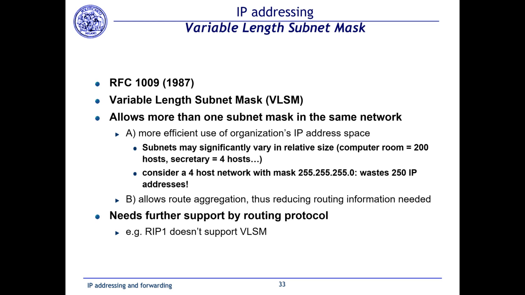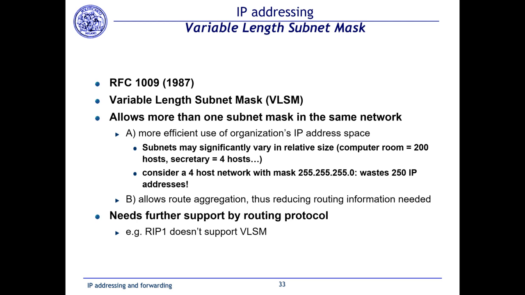So we can apply this variable length subnet mask in order to differentiate the size of the internal subnets. This, of course, has an impact on the routing protocols. Now we are in a classless system, not the classful system.